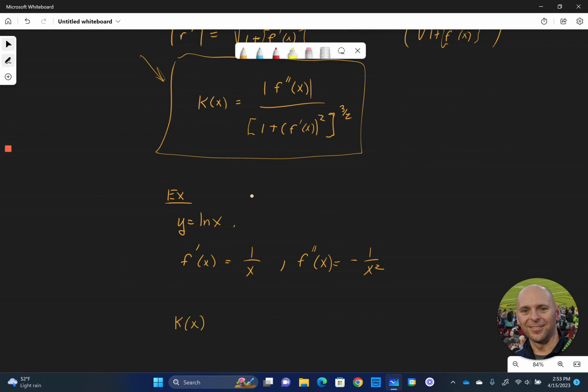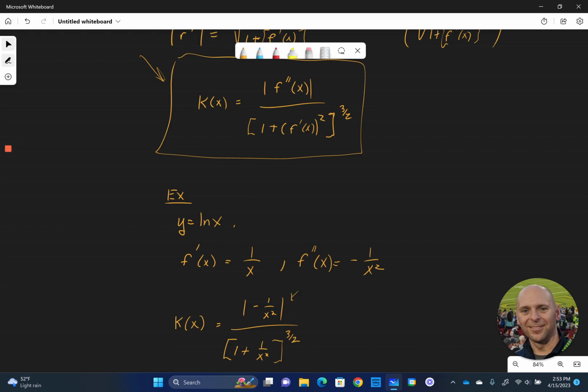So k of x is equal to the absolute value of f double prime of x. That's going to be the absolute value of negative 1 over x squared, divided by, and now we get this quantity in the bottom, 1 plus f prime of x squared, which will be 1 over x squared. And we're going to raise all of that to the 3 halves.